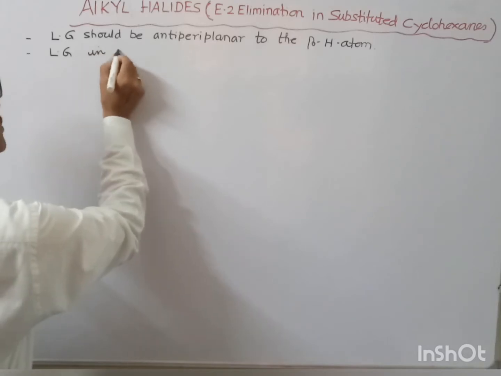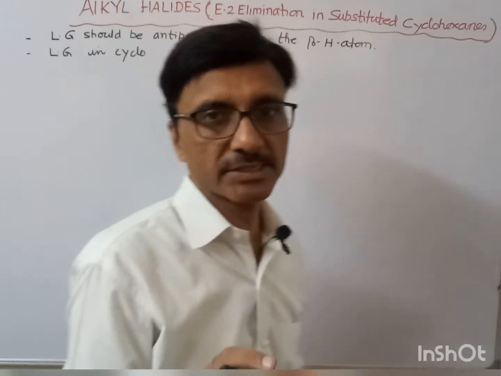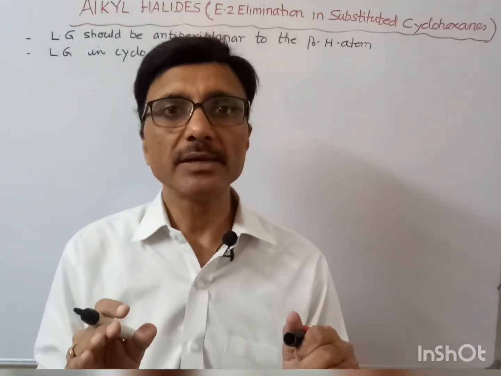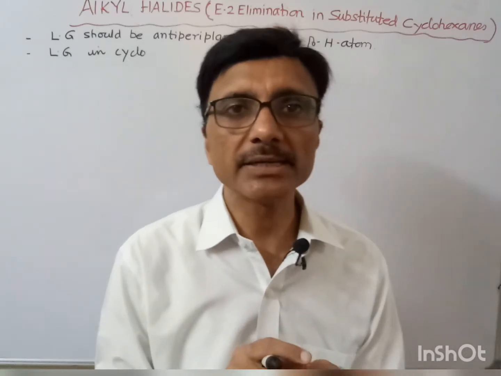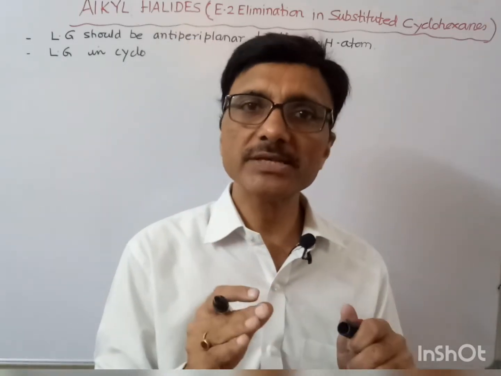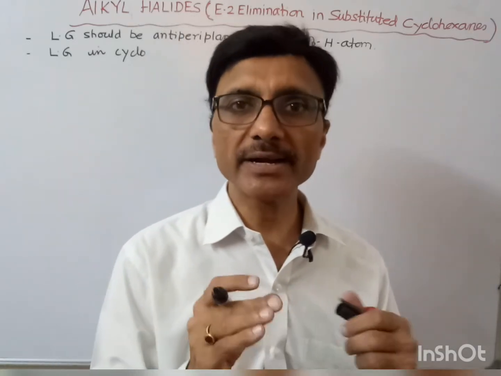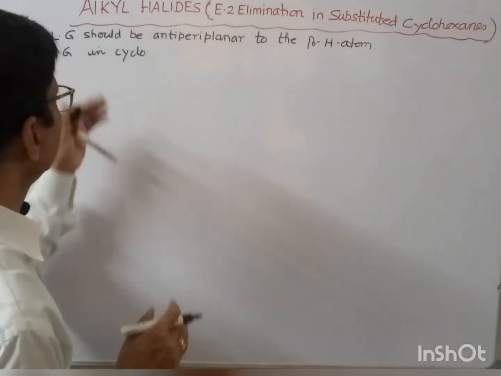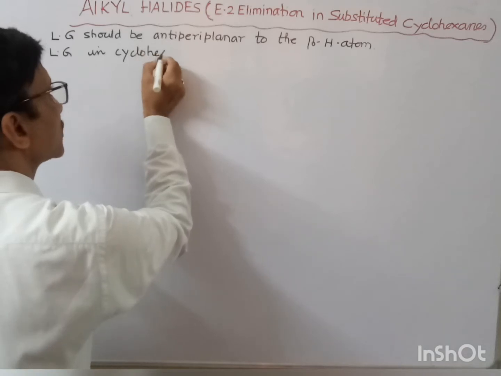If we are dealing with cyclohexane, then it is better to write the reactant molecule in a chair form, because we know that the chair form is the stable form, so we should always write the cyclohexane ring in a chair form to get the correct product.